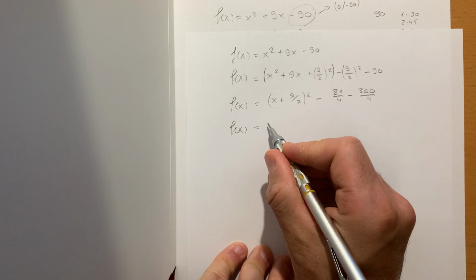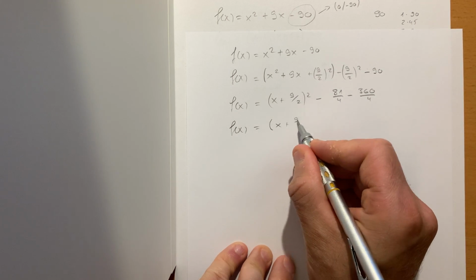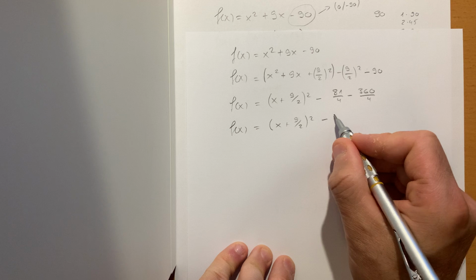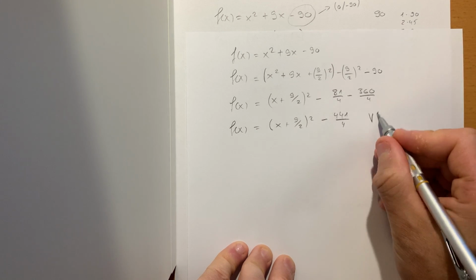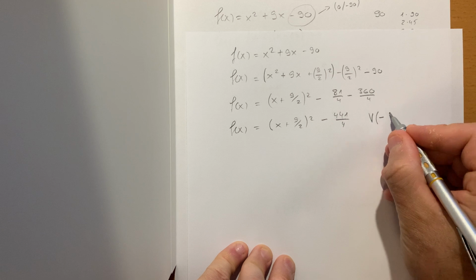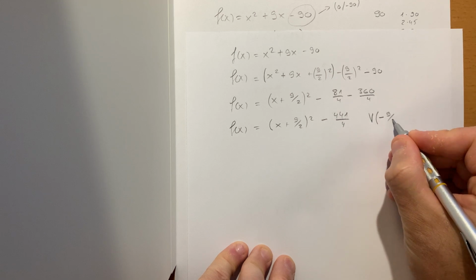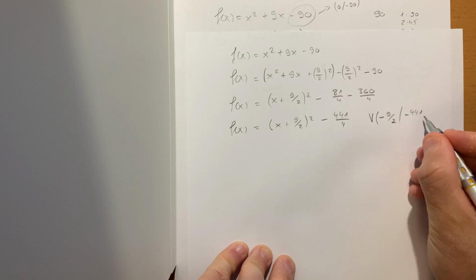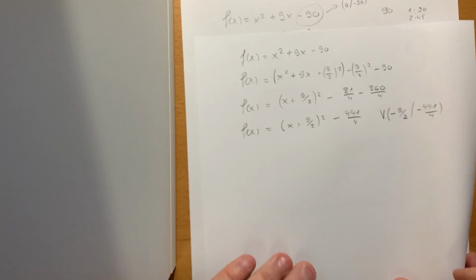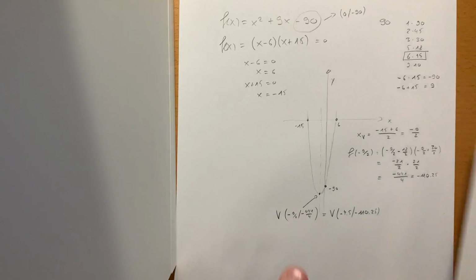So here we go: x plus 9 halves squared minus 441 quarters. So the vertex now would be minus 9 halves and minus 441 quarters. We got that too here.